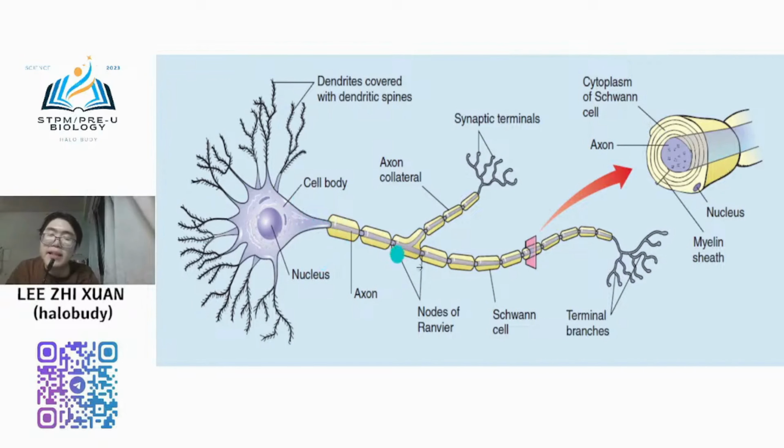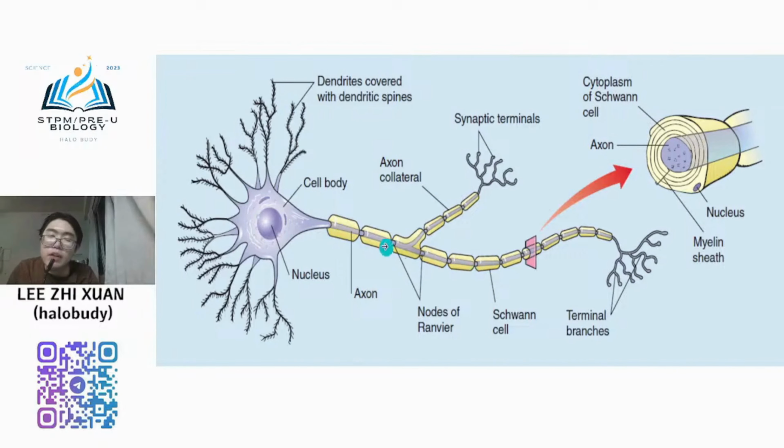So in myelinated neuron tissue, you see there are many Schwann cells bound to the axon of the neuron. This is a very important structure in terms of the transmission of electrical impulses. Later we will learn it, but okay.